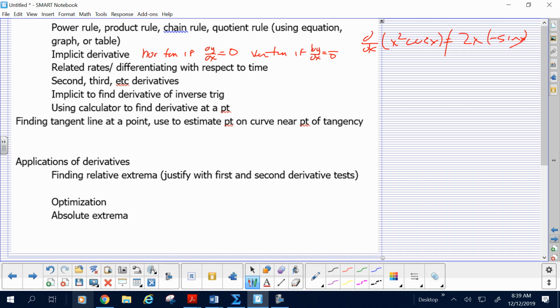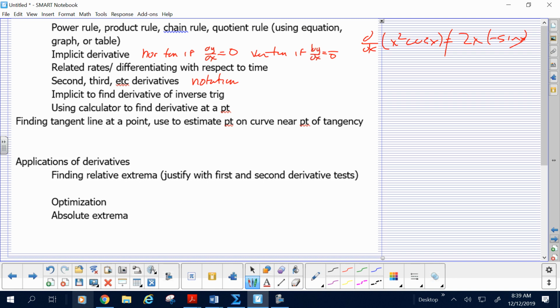So if I asked you, hey, where's this weird curve that's not a function, undefined or horizontal tangents, you need to know how to do that. Related rates you're actually pretty darn good at. Second, third, etc. derivatives, I guess I'll take this second to write. Be careful of notation. Notation is important.